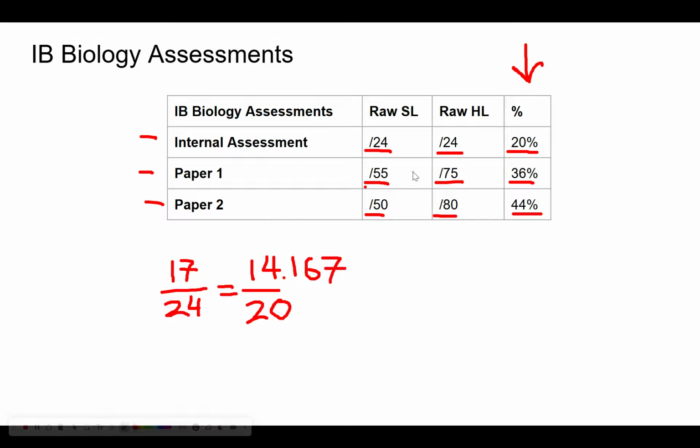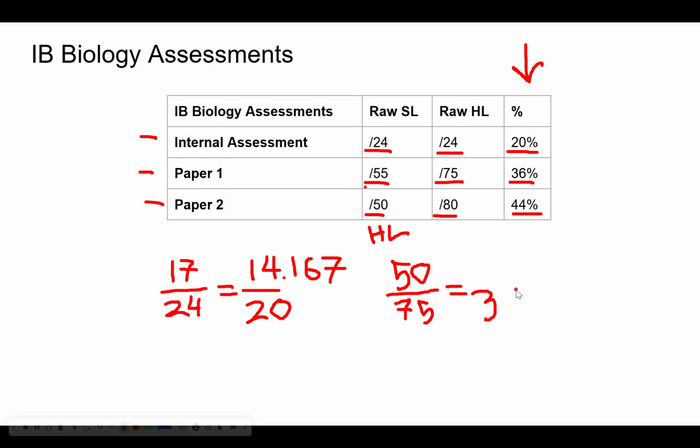Your paper 1, they do the same thing. Obviously, the number of points they're calculating out of is different if you're in SL or HL. They actually break it down into a paper 1A, paper 1B score, but the overall number would be, I'm going to do an HL example, out of a possible total of 36 points. So let's say out of these 75 points, you get 50. 50 out of 75 is equal to a certain proportion of points out of 36.